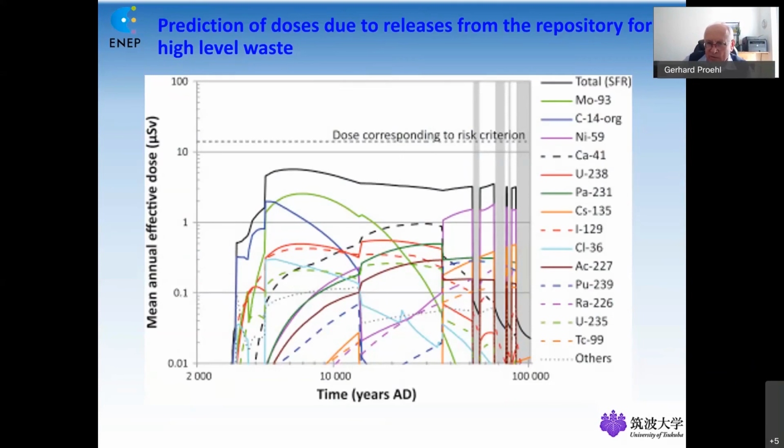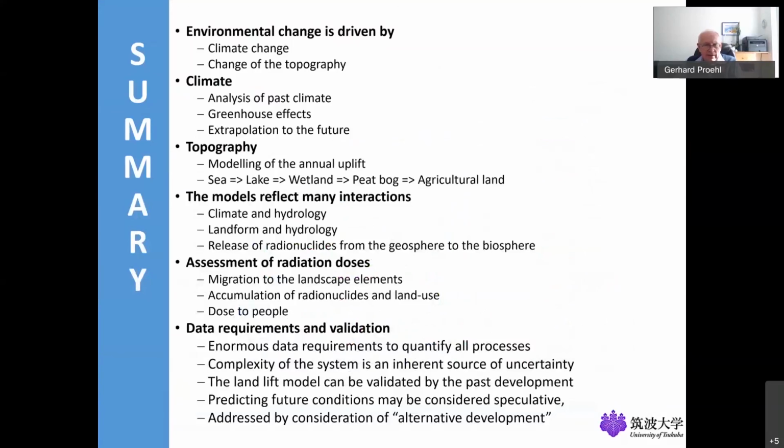And on the right side, you see all the radionuclides which are considered in this study. It's very difficult to differentiate, but if you look at the upper black area, then you see that the doses in this case are less than 10 microsievert per year. Okay, and that's already it.